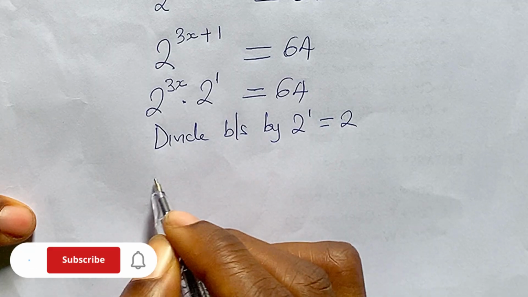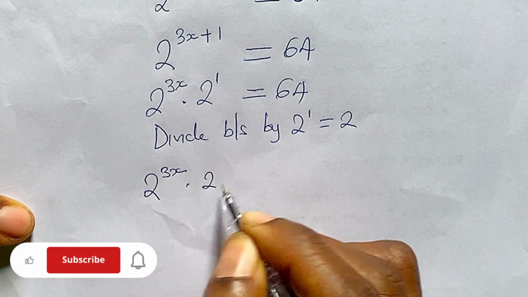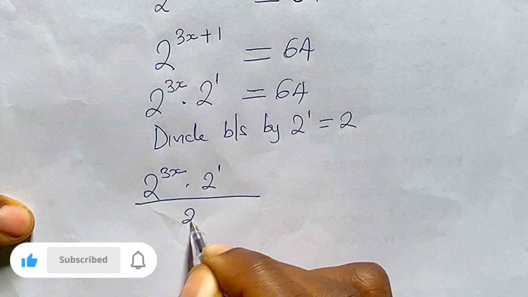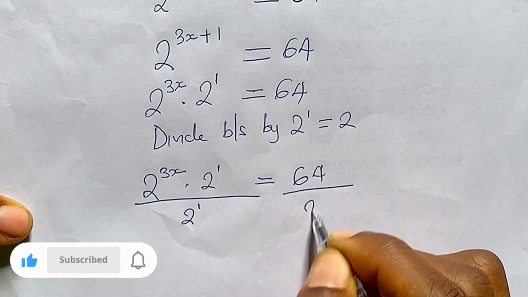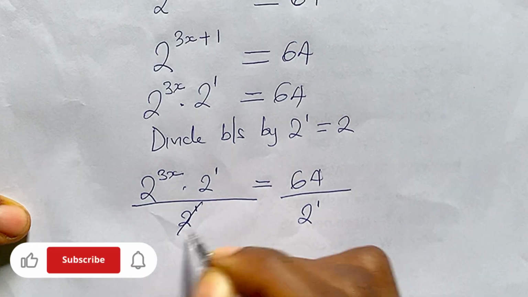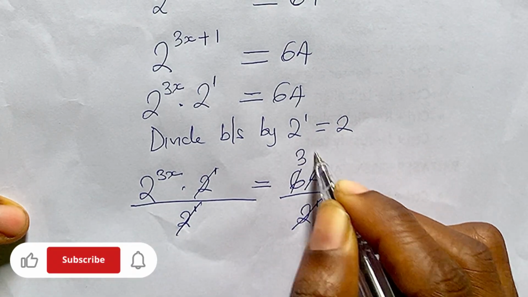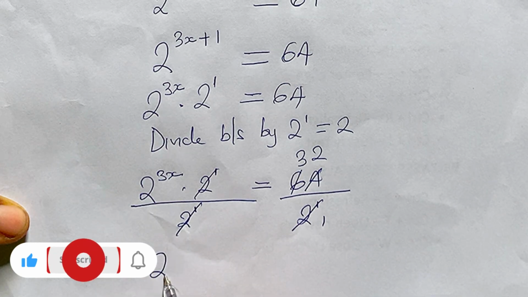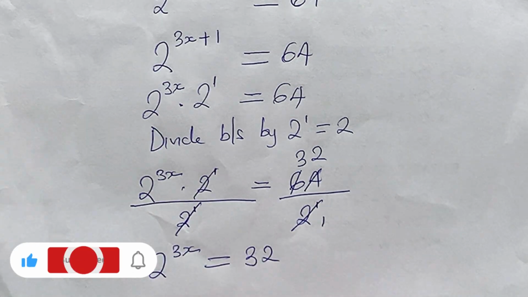So we have 2 to the power of 3x multiplied by 2 to the power of 1 all over 2 to the power of 1 is equal to 64 divided by 2 to the power of 1. So this cancels this. So we have that 2 to the power of 3x is equal to 32.